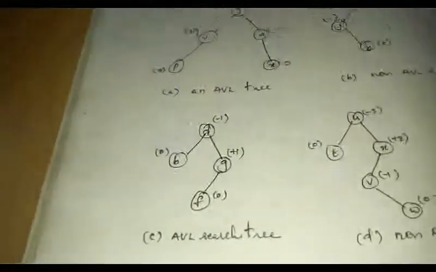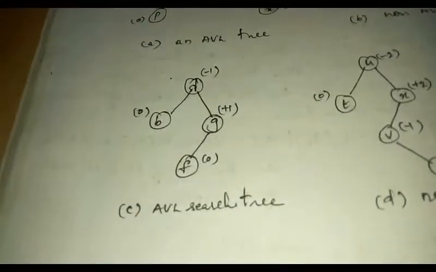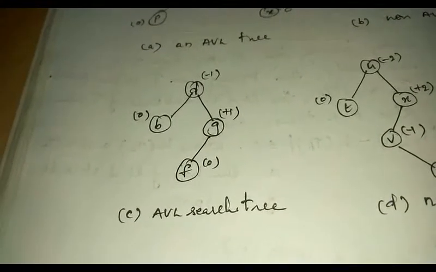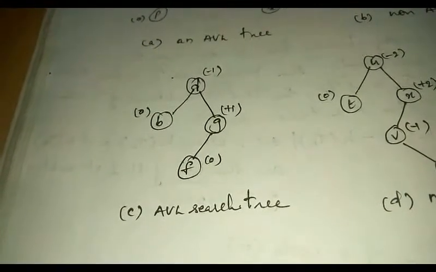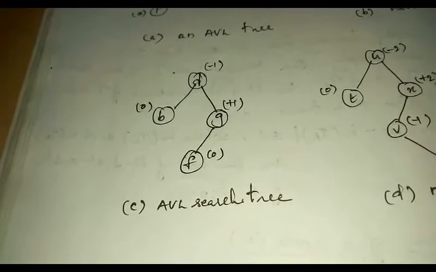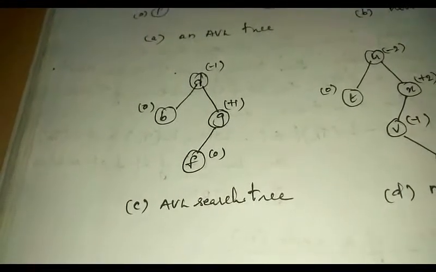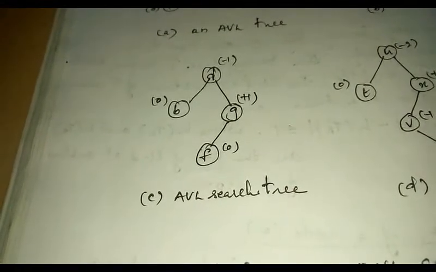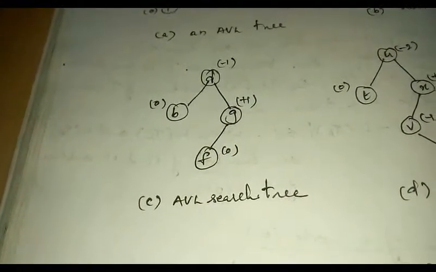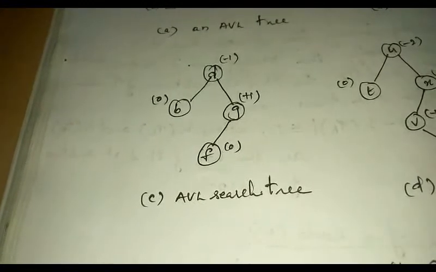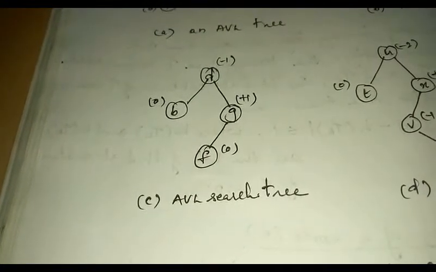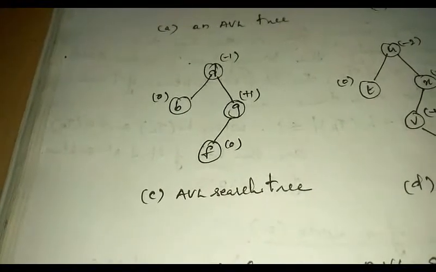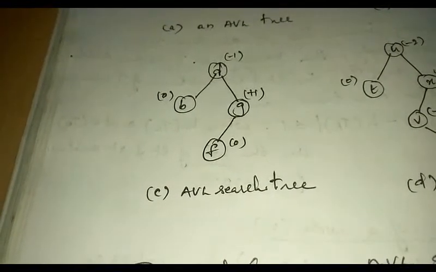Now look at figure C. Here also you can see that it's a binary tree and the balancing factors of all the nodes are 0, 1 or minus 1. So this is an AVL tree, but look at the values of the nodes. In this figure, the root node is D, and to the left of D you have a node with value B, which comes before D in alphabetical order.